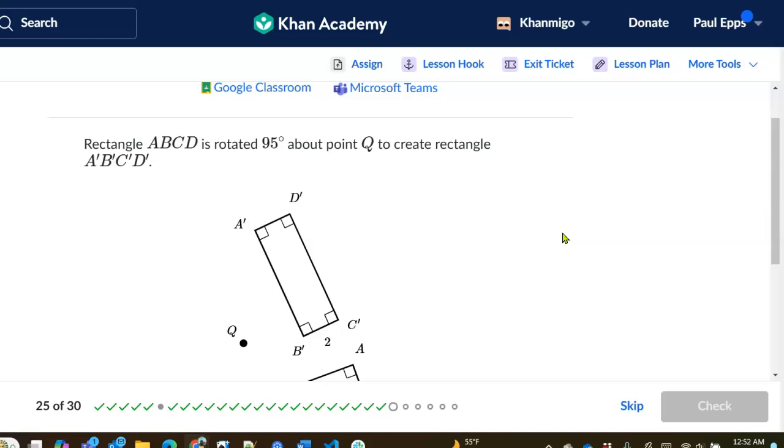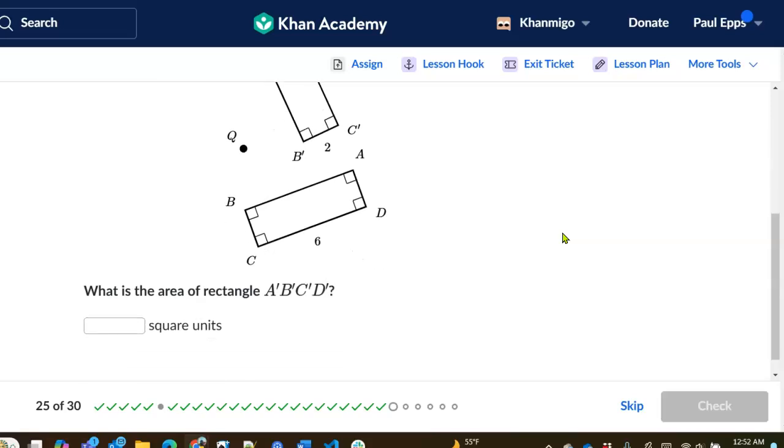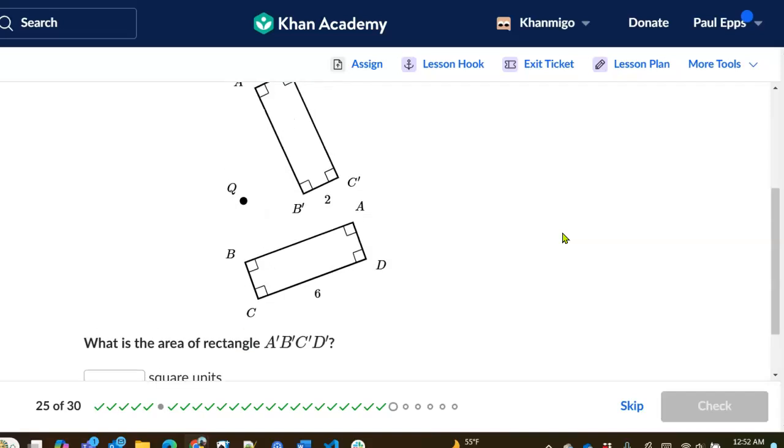Rectangle ABCD is rotated 95 degrees about point Q to create rectangle A'B'C'D'. What is the area of A'B'C'D'?